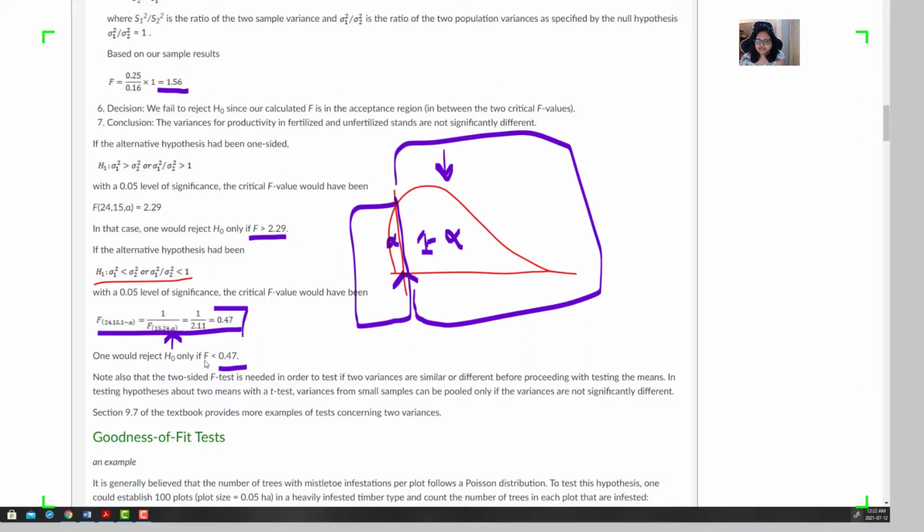So always try to draw them, see where it falls and where the critical region is, and then make the decision by comparing the critical value and the test statistic value.